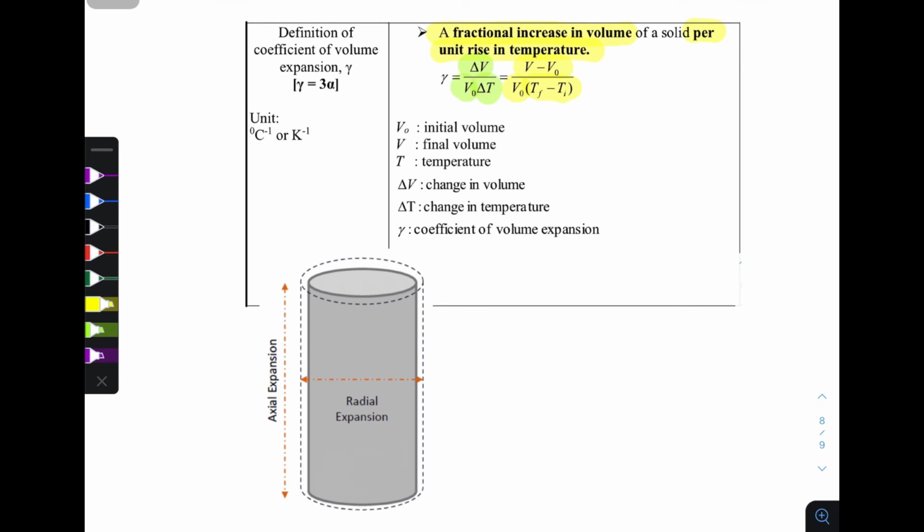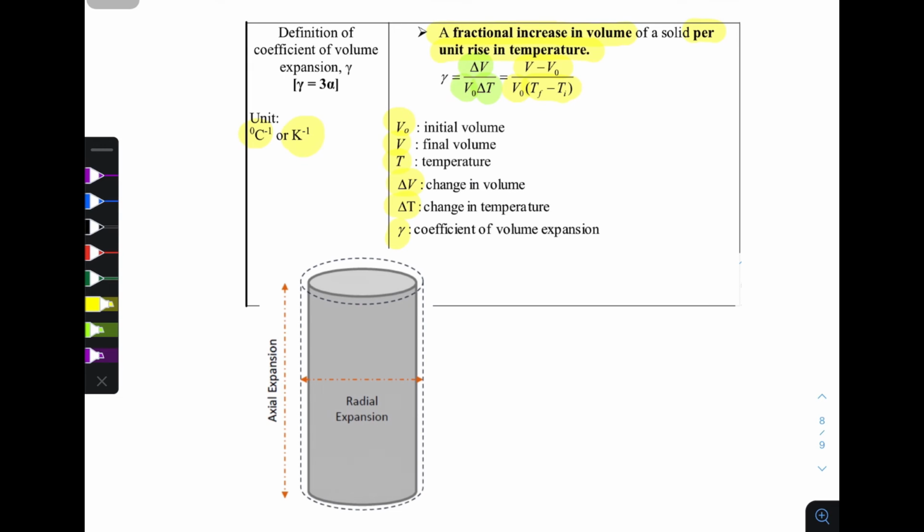From the equation, V0 is the initial volume, V is the final volume, T is the temperature, delta V is the change in volume, delta T is the change in temperature, and gamma is the coefficient of volume expansion.